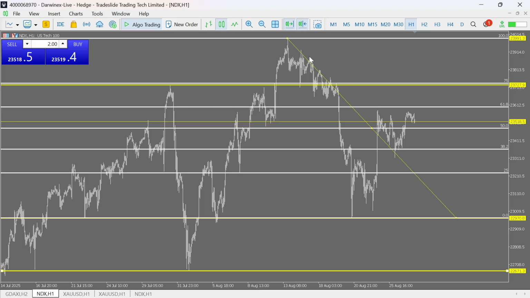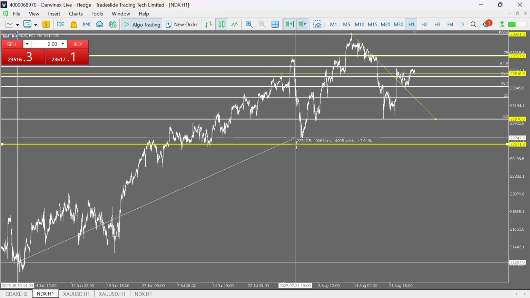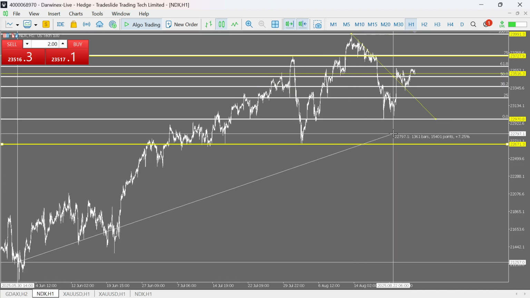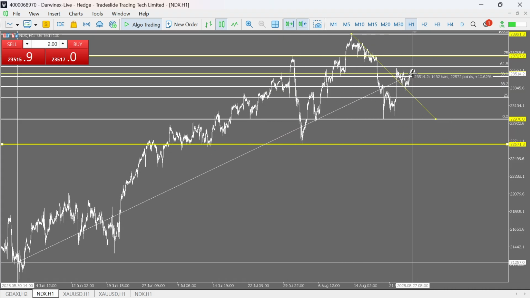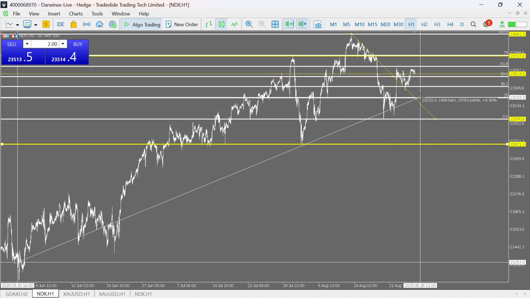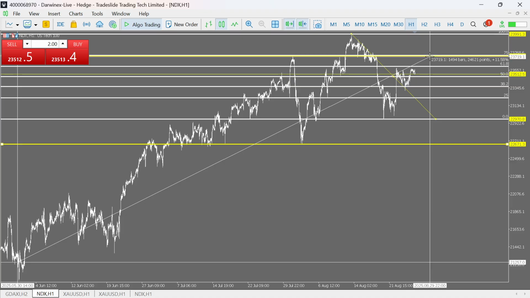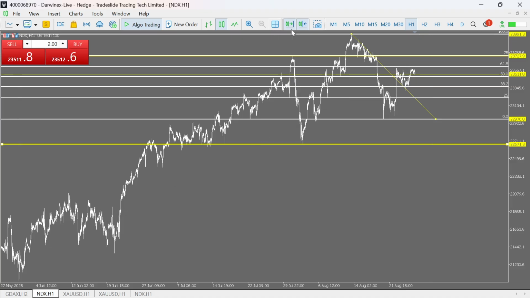Let's look at it in perspective. Can you see this? It came back to this point, up, came back to this point, up. So if it moves down here to this area, it's very likely that my next trade will be going to the upside. Okay, let's see what happened.